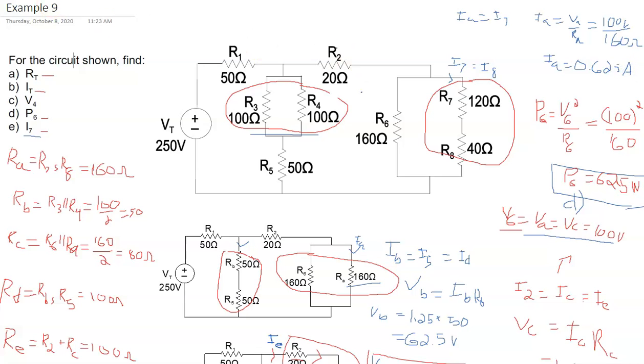And so we're going to write therefore I7 is equal to 0.625 amps. And that is then the answer to part E, which is the last part of the question.